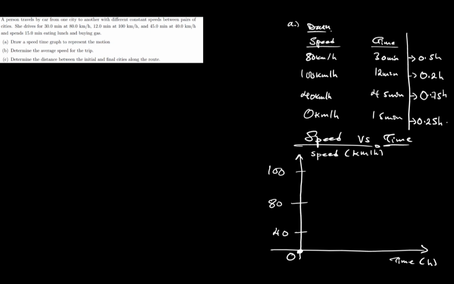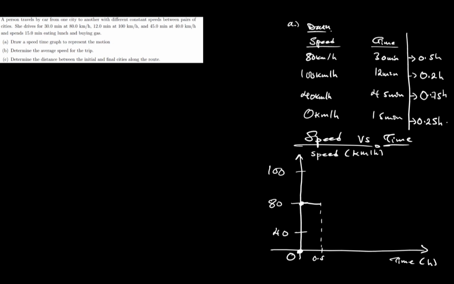She started at 80 and has to maintain this speed for 0.5 hours, so we put a mark at 0.5, in hours. The person moves until she reaches that point.